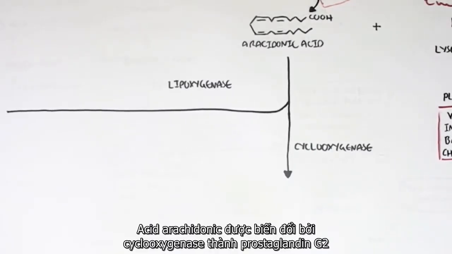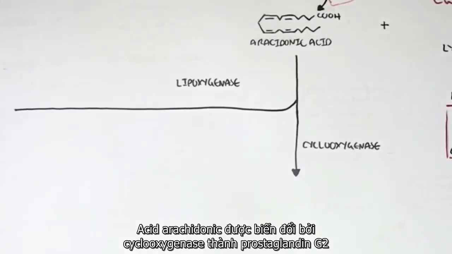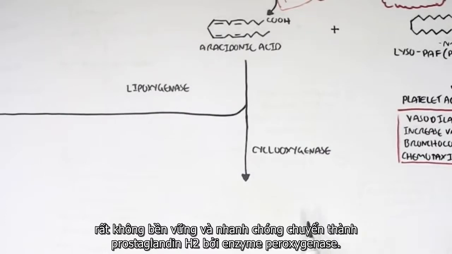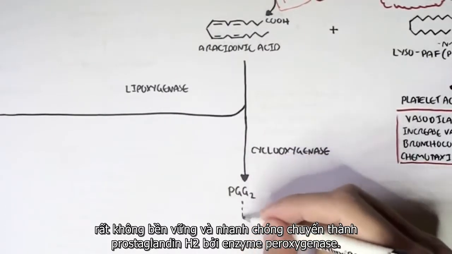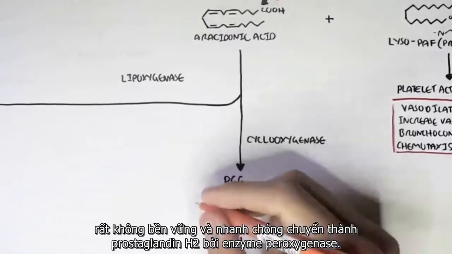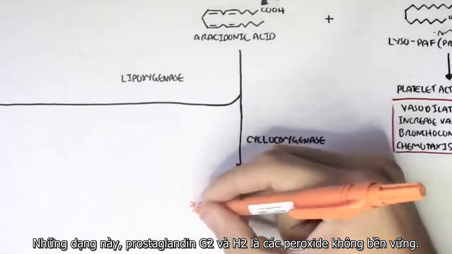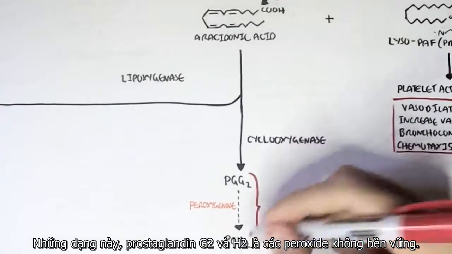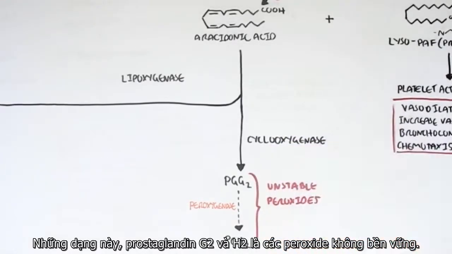Arachidonic acid will be converted by cyclooxygenase to prostaglandin G2, which is very unstable and will quickly convert to prostaglandin H2 by the enzyme peroxidase. So these forms, the prostaglandin G2 and H2, are unstable peroxides.